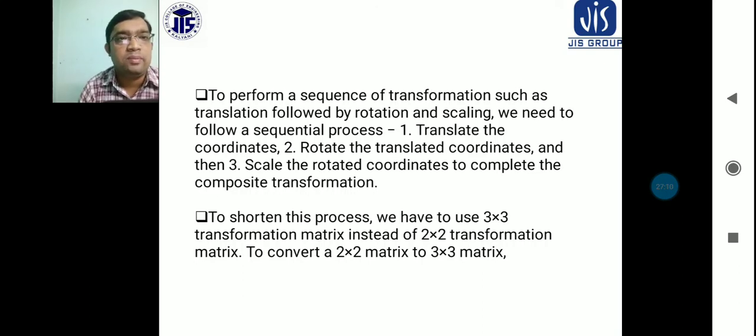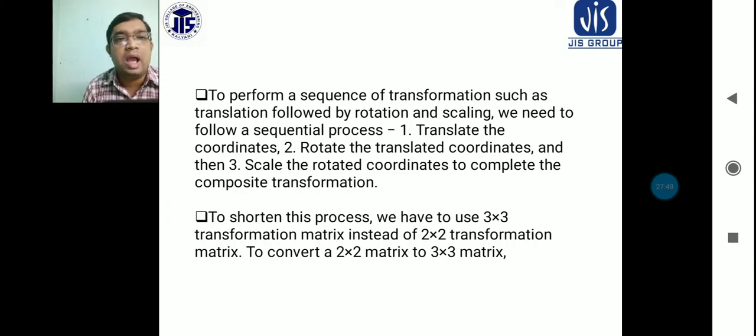The first step is to translate the coordinates, the second is to rotate the translated coordinates, and the third is to scale the rotated coordinates to complete the composite transformation. Basically, three types of transformation are considered: translation, rotation, and scale. And another thing is to shorten this process.